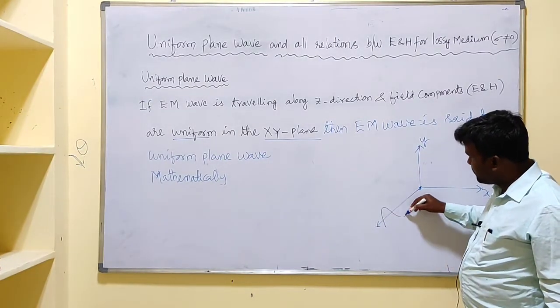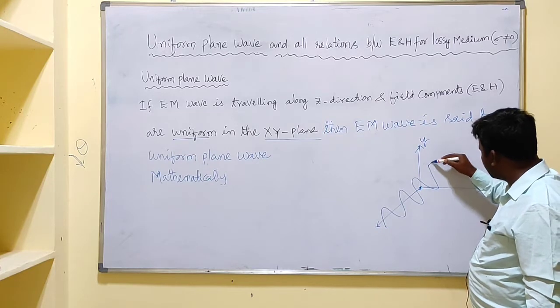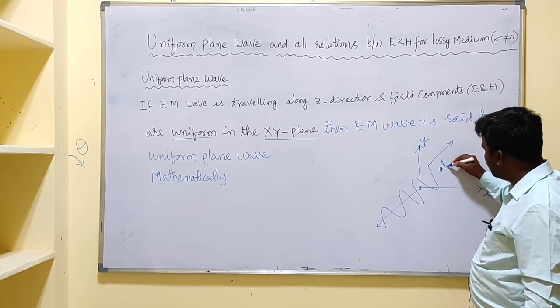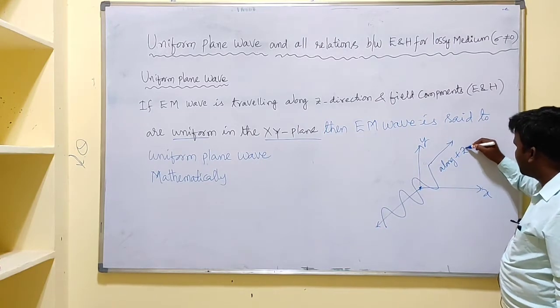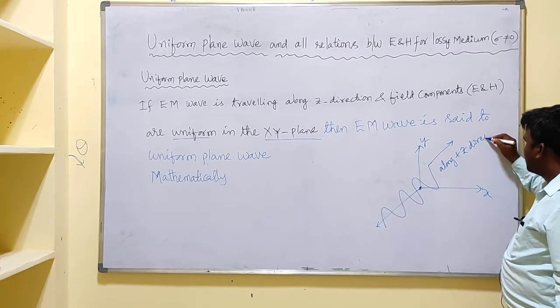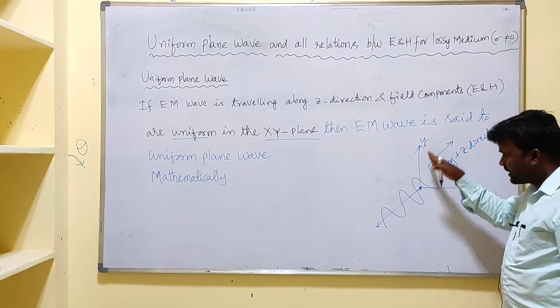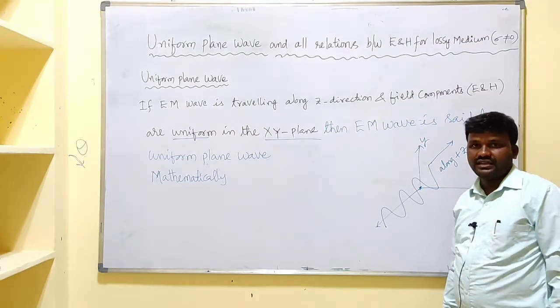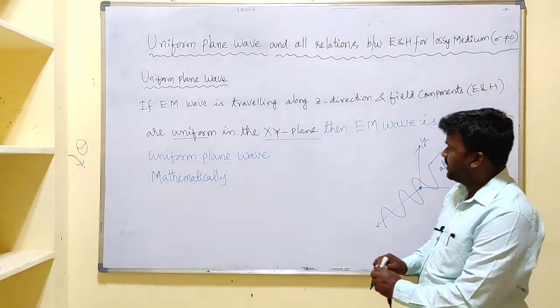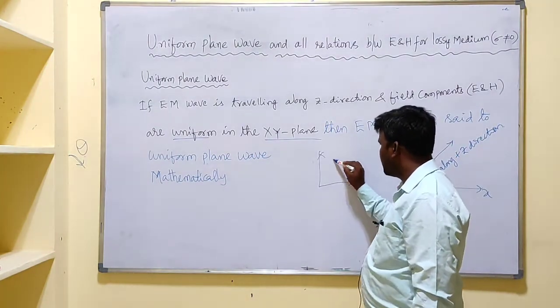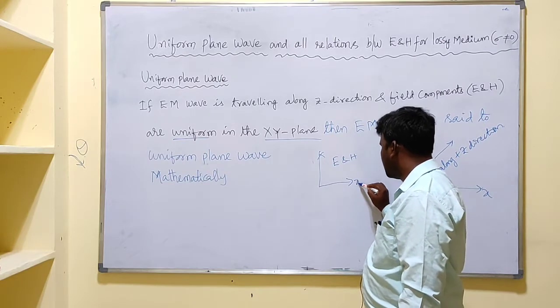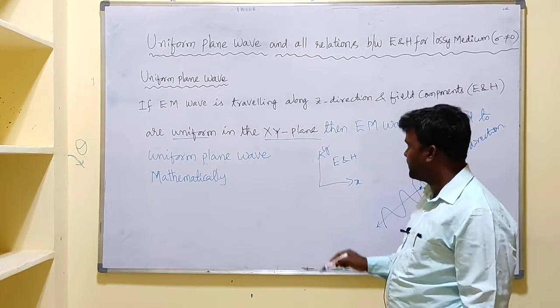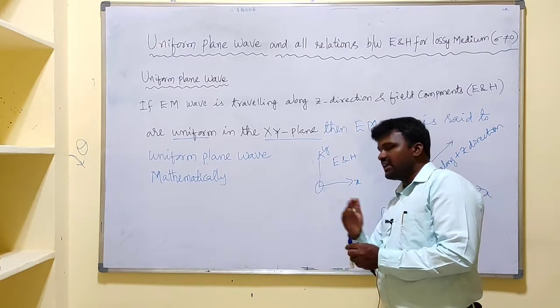If wave is traveling along positive z direction, then field components are present in the xy plane, means E and H are present in this xy plane, whereas our wave is traveling along z direction.